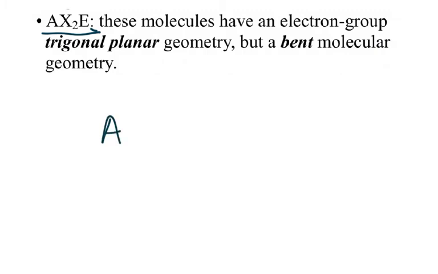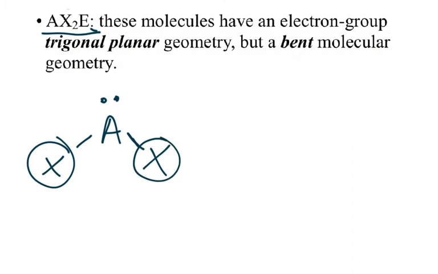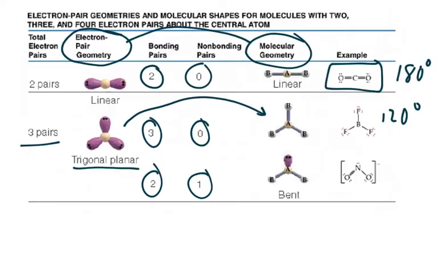You have X, X, and then you have a lone pair. Notice, this has three domains, but out of the three domains, two of them are atoms. So two of them are what we call bonding, and one is a lone pair, which is non-bonding, and that's how we get this number down here. Two are atoms, one is a non-atom.